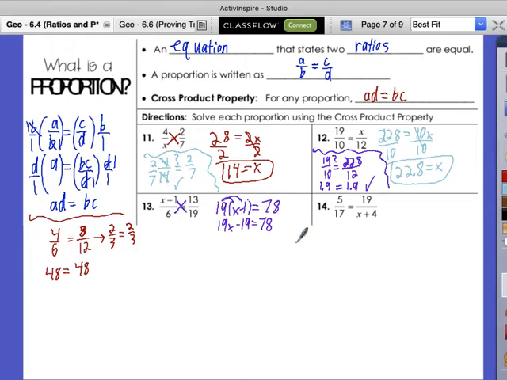Oh, Mr. Cosgrove. That's correct. You get 270. How do you get 270? Is the equation supposed to be 5x plus 4?